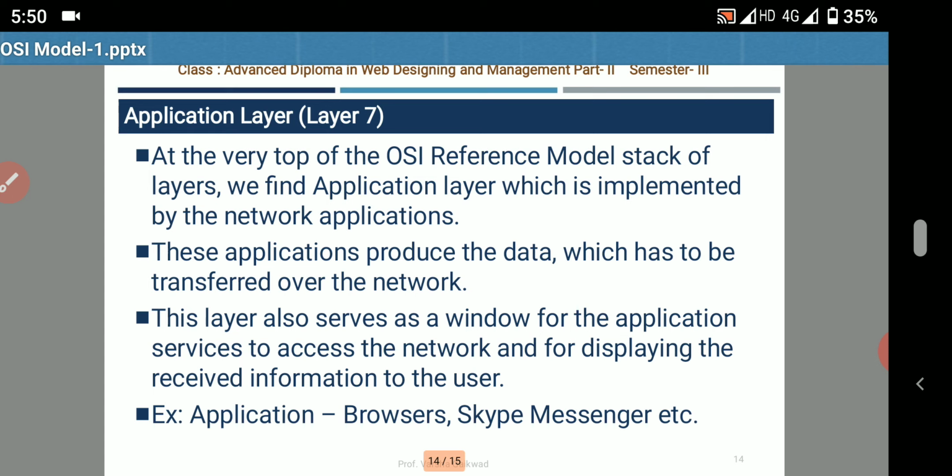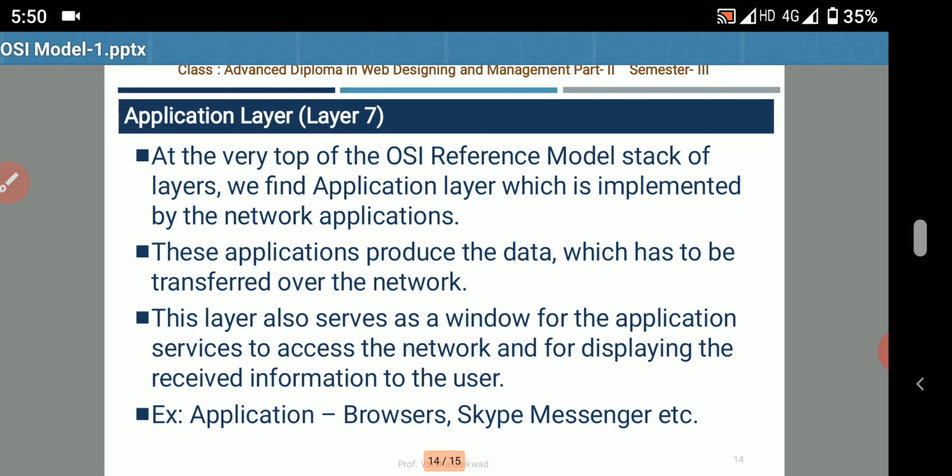Okay, this layer also serves as a window for the application services to access the network and for displaying the received information to the user. Applications are browsers, Skype, Messenger, etc. So, I would like to tell you what protocols are used for web surfing.